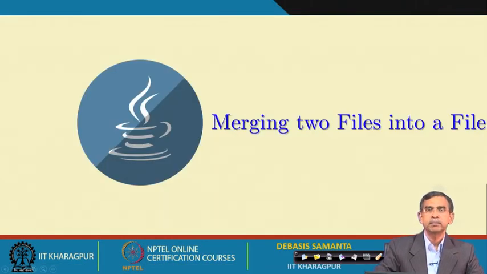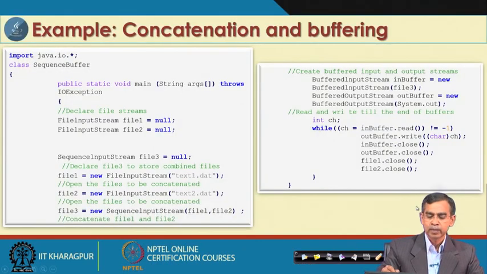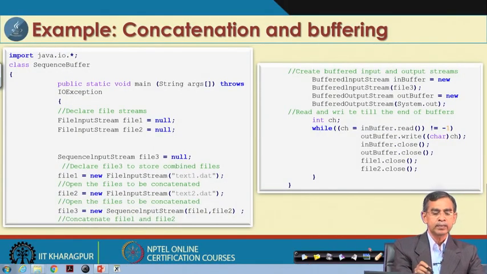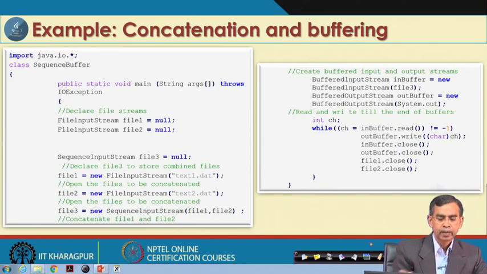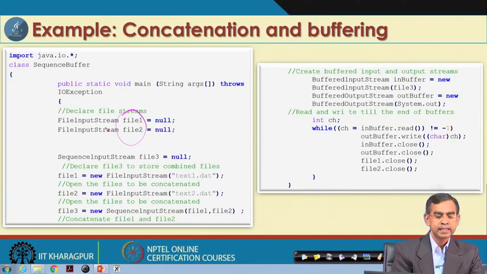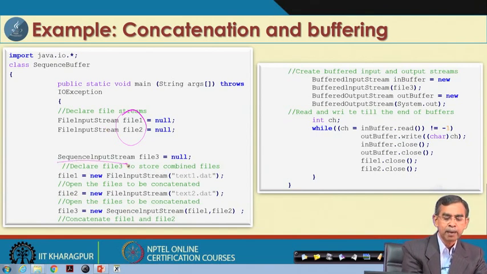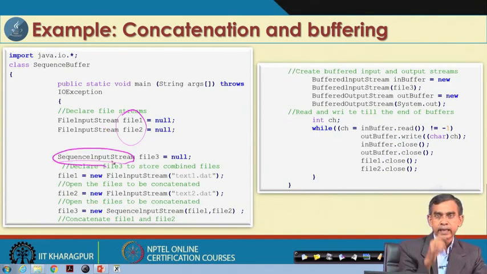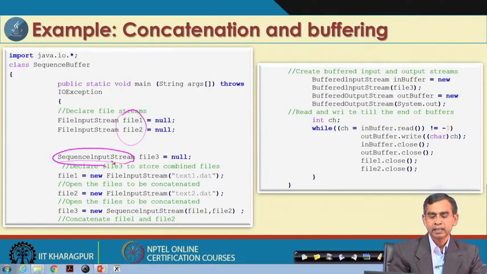Okay. Now, next is merging two files. It is basically the file buffer input stream mechanism, and this program is very simple. Here you can see we first create two file input streams, file 1 and file 2, and there is a sequence input stream. This basically takes the two files and converts them into one file.